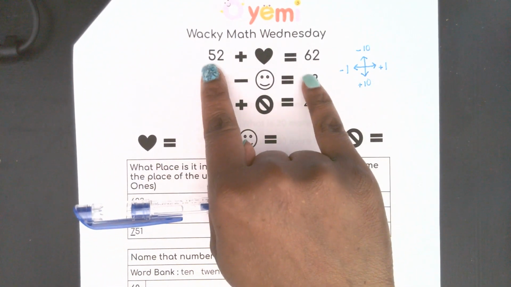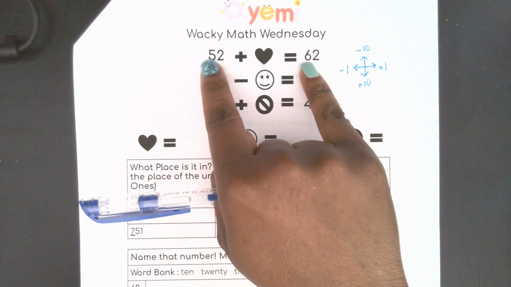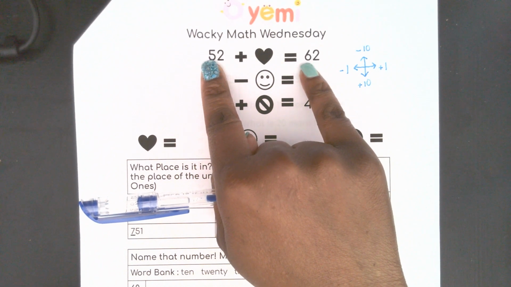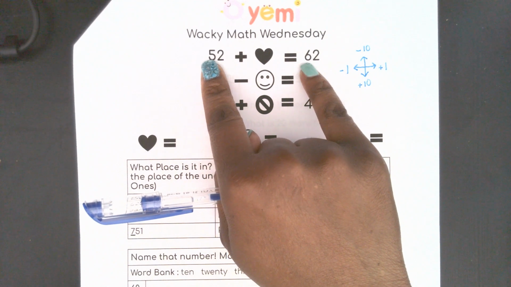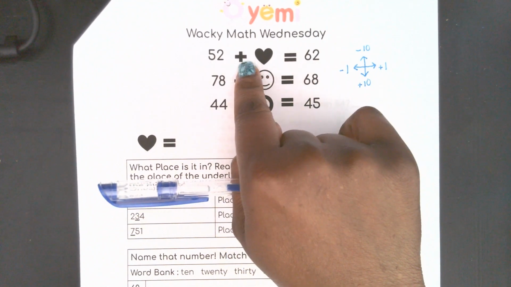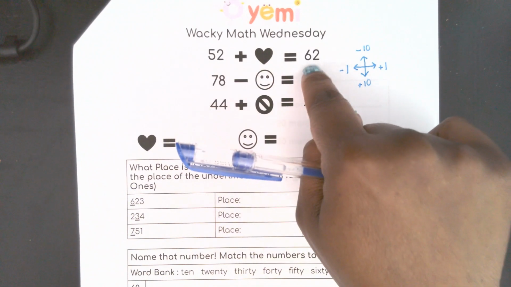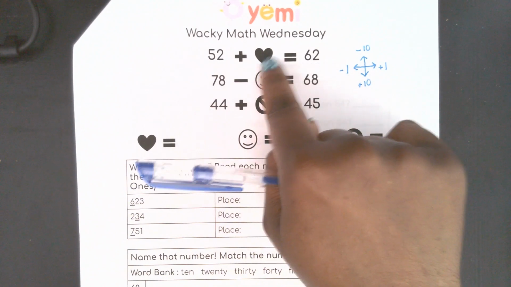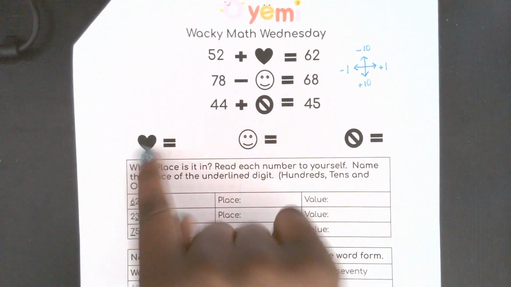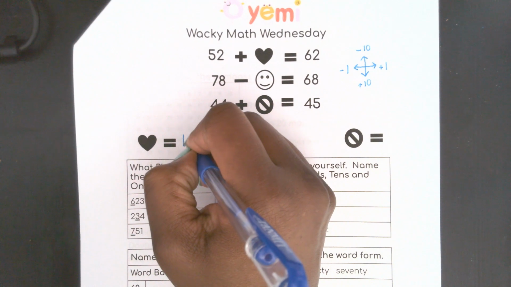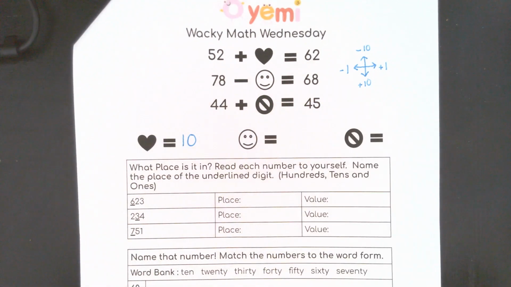The tens place, that 50 and 60, are different. How much different? What do I have to add to 52 to get to 62? 10. My heart is 10. Did we get that?